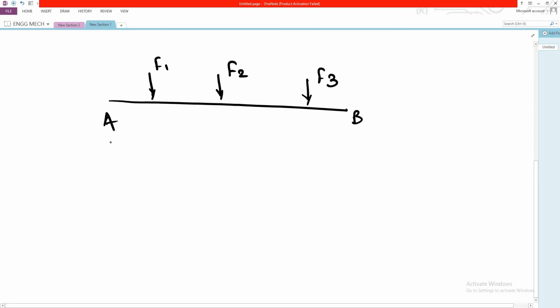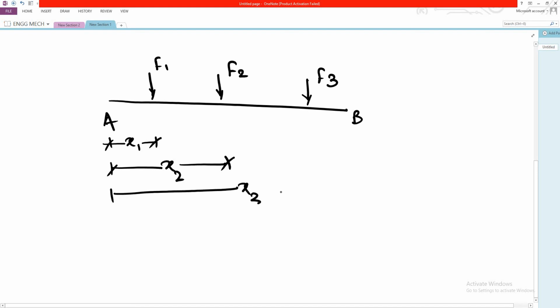Let's say the distance between point A and F1 is x1, then x2 is the distance between F2 and A, then x3 is the distance between F3 force and point A, and we are told to determine the resultant with respect to point A.